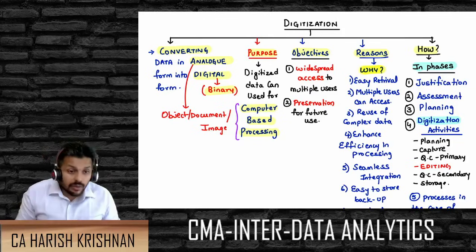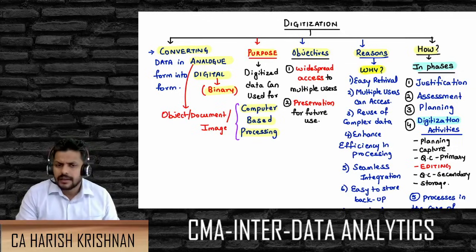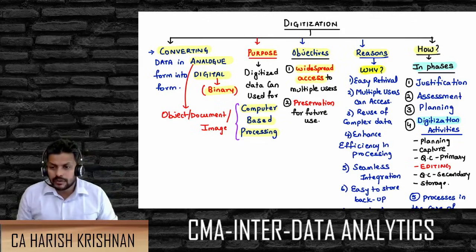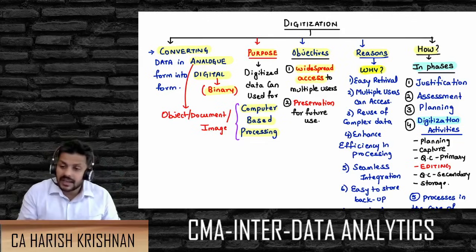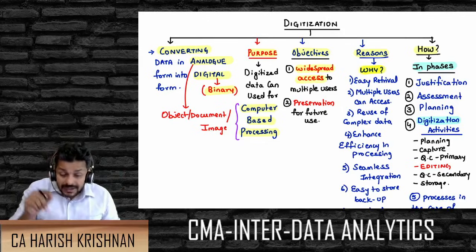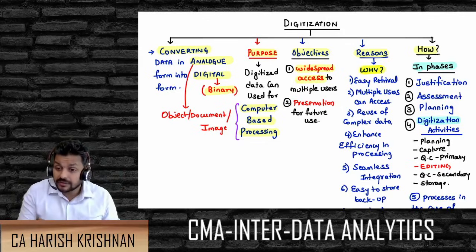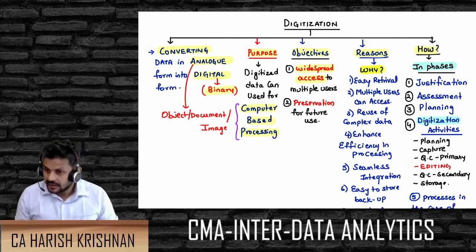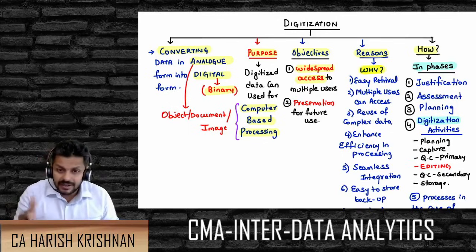But just imagine, today we have digital data and we can get access to it anywhere, right? So widespread access to multiple users. In fact, what is not written there but what can be added is multiple people. Widespread access is there to multiple people simultaneously. If you want, you can add that word there, simultaneously.